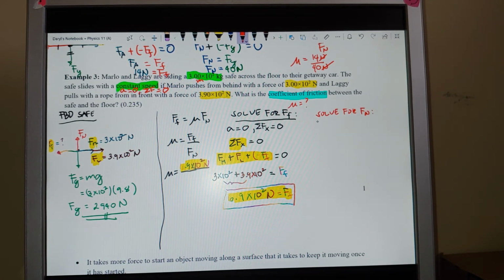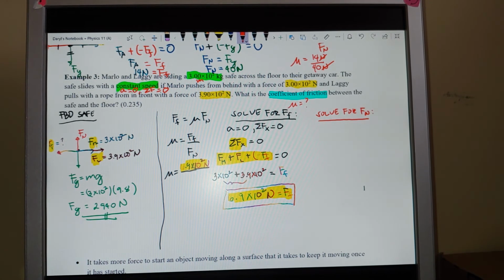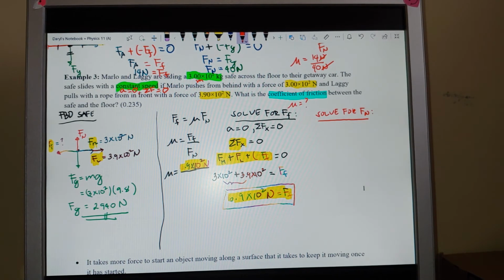Again, the normal force is the quantity in our friction equation that tells us how hard the two surfaces in contact are pushing each other. So Fn is acting along the y-axis, or at least the vertical forces.